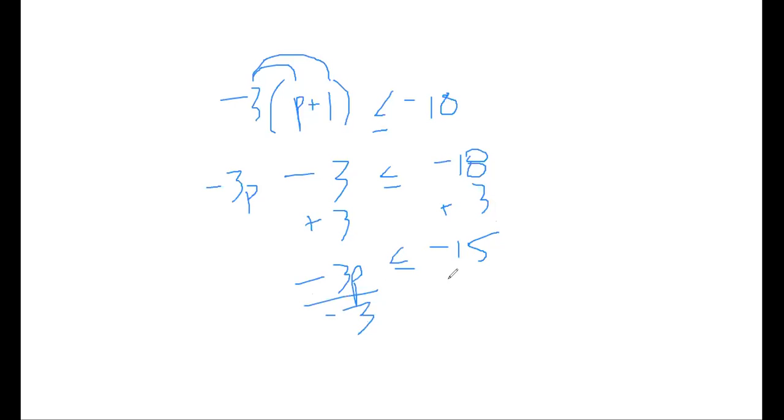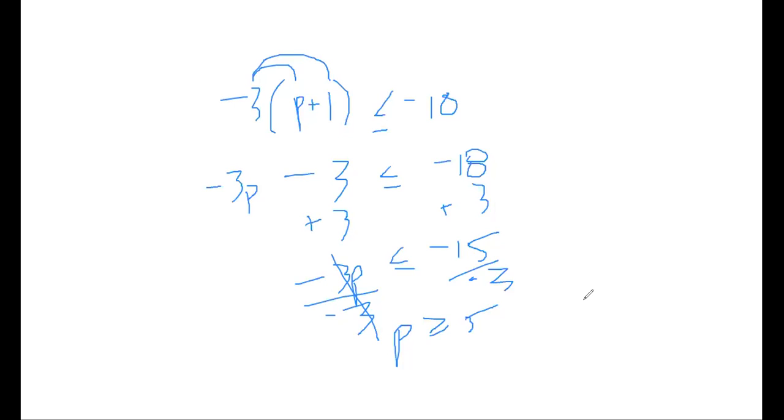So when I divide both of these by -3, that's the first thing I do. When I go to the next step, I rewrite the symbol so I don't forget. Those cancel to 1. P is now greater than or equal to 5. If you don't do that, your graph line is going to be going the wrong direction.